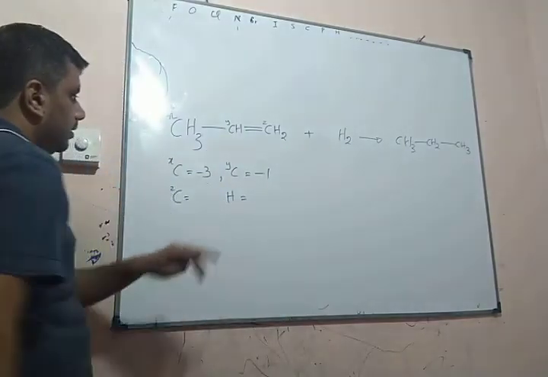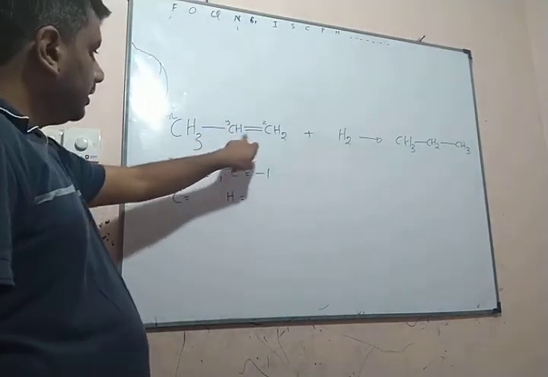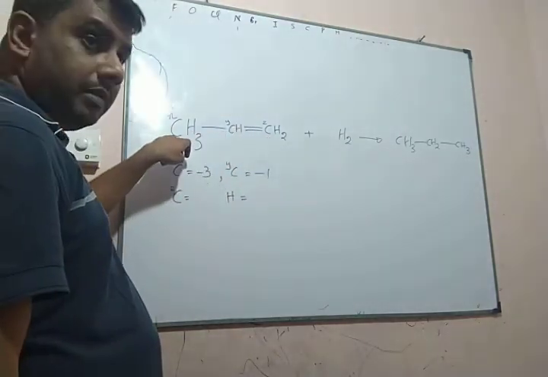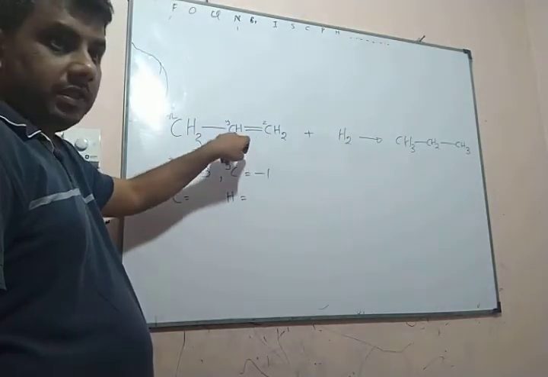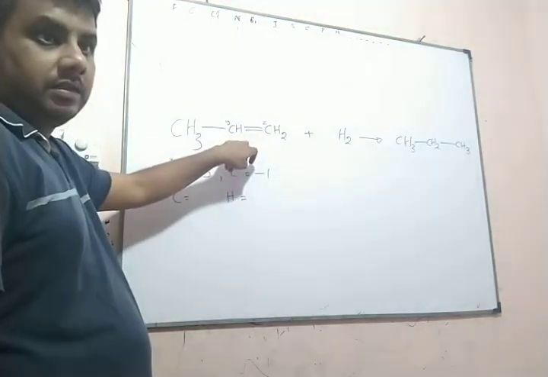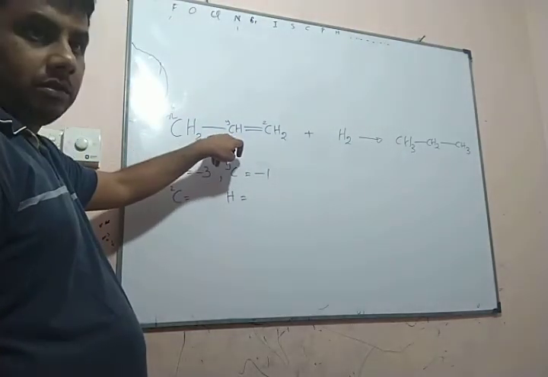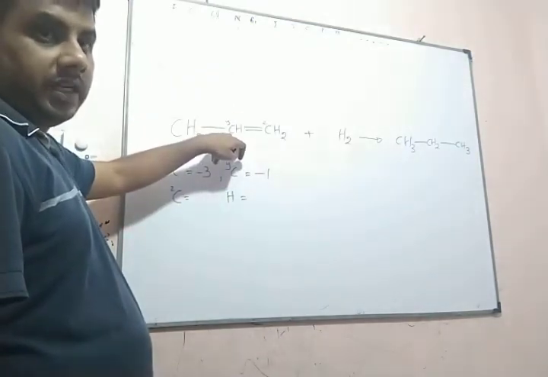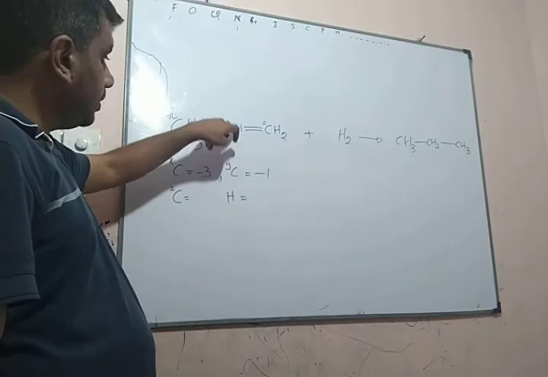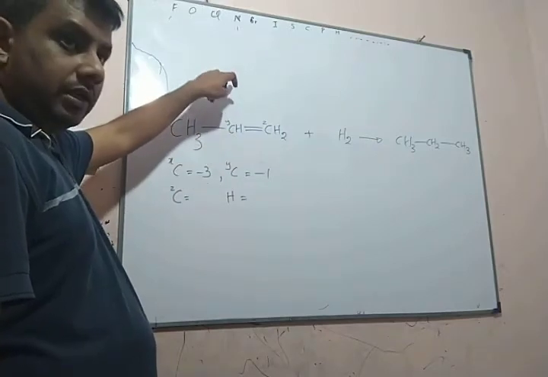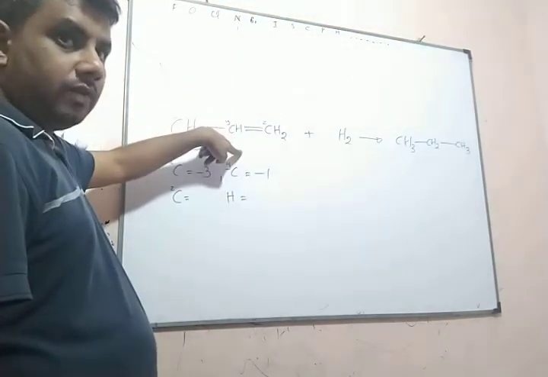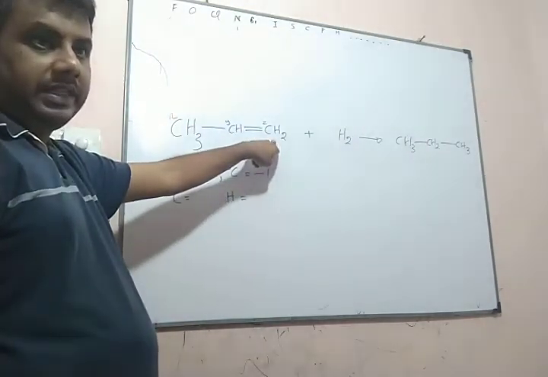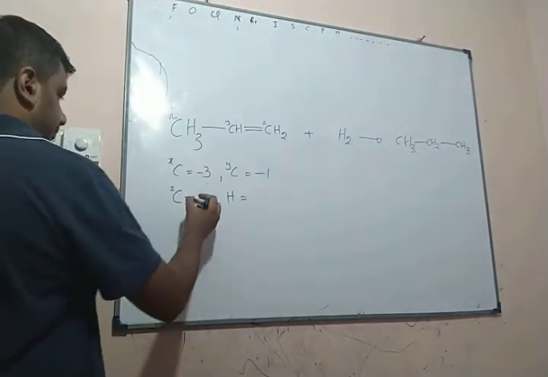Why? It's connected to one hydrogen, and this side carbon, and this side carbon. So from this side, oxidation state 0. From this side also zero. So its oxidation state is -1. Only one C-H, so one carbon and one hydrogen. From that bond, it gains one minus, right? And here, what's the oxidation state? -2.